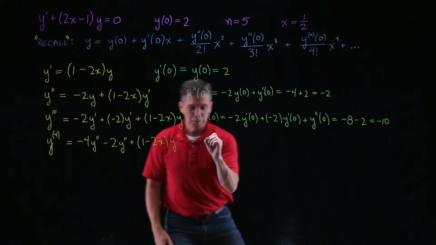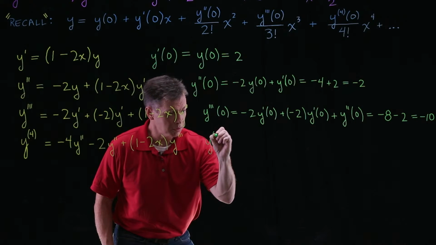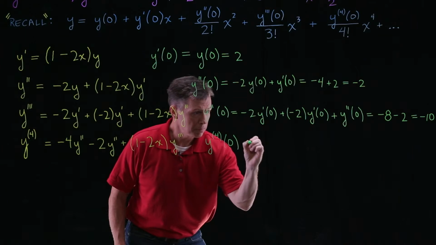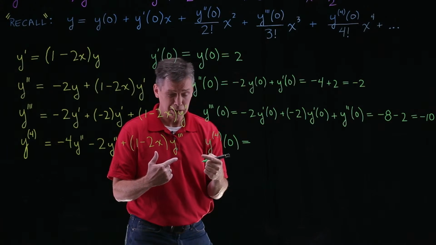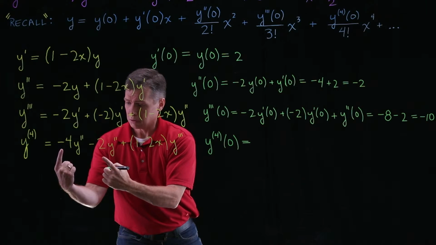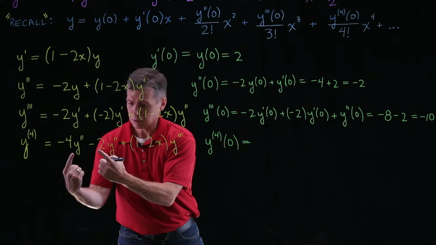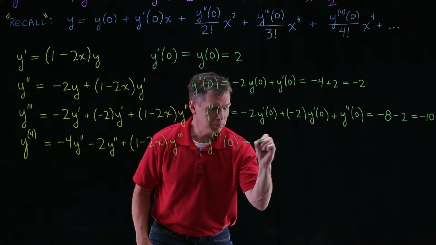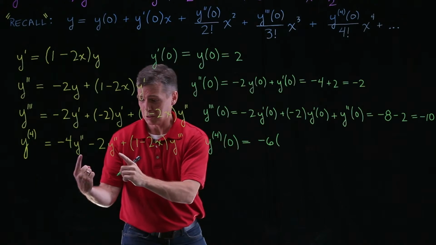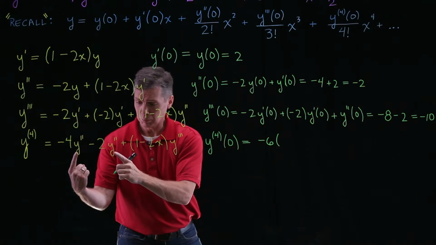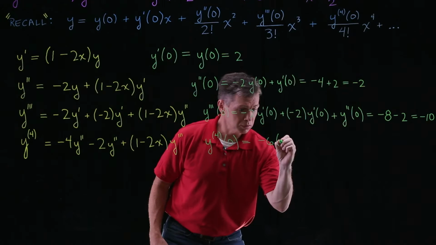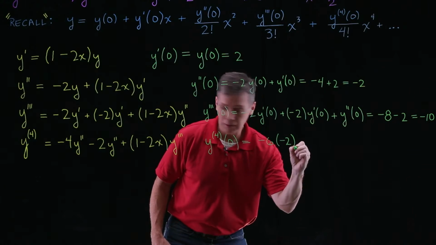One more, I think. The fourth derivative of y, evaluated at 0. And let's try to do a little bit of plugging in on the fly, really, over here. Minus 4y double prime minus 2y double prime, that's going to be a minus 6 times y double prime of 0, that's the minus 2. So let's just jump right to that and put it in.